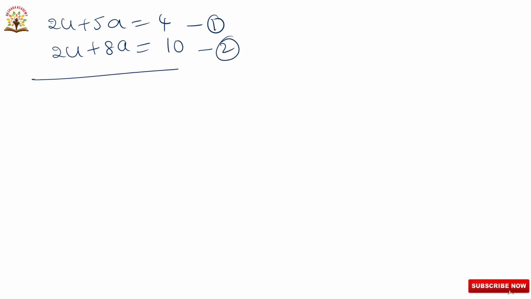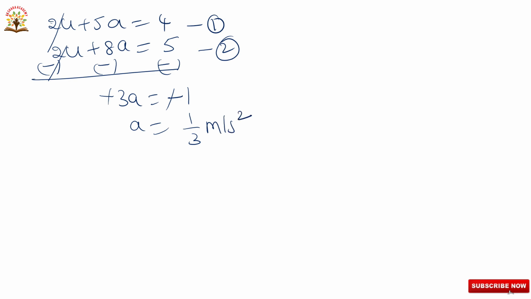Subtracting these two equations, 2u and 2u cancel, minus 3a is equal to minus 5 plus 4, which is minus 1. So a is equal to, minus minus cancels, 1 by 3 meter per second square.